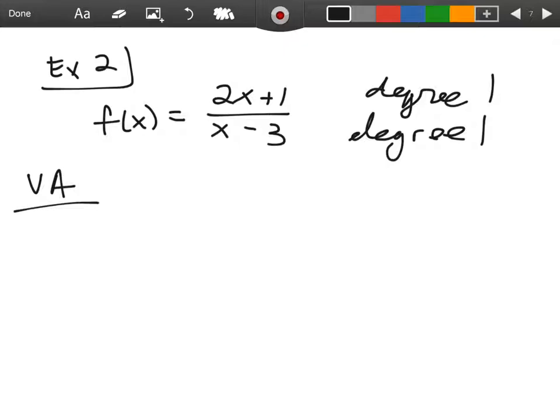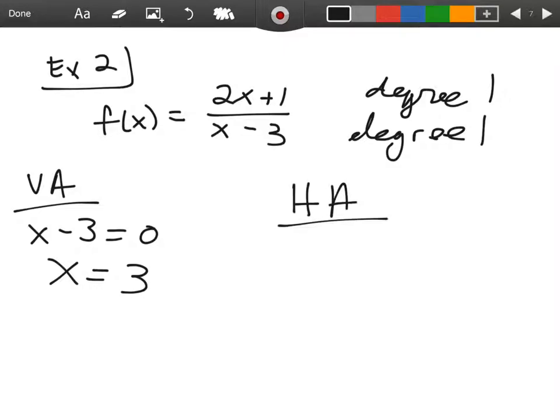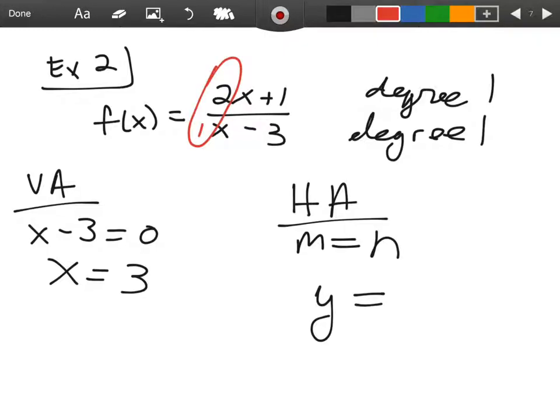So for vertical asymptote, we take the bottom, set it equal to 0, and we get x equal to 3. For horizontal asymptote, when m equals n, it's the fraction formed by the lead coefficients, which is 2 over 1. So that's 2 over 1, or y equals 2 is our horizontal asymptote.